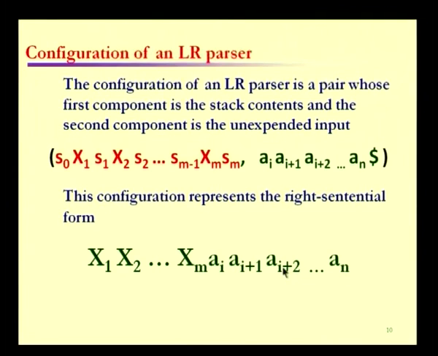So, this is the sentential form, and it says that it is going to be a rightmost derivation actually. If it is a rightmost derivation, we all know that from right to left, if we are scanning, we will find a variable, and that variable is going to be further expanded. In this case, if X is a variable, this variable is going to be further expanded. So, this is the configuration of your LR parser.